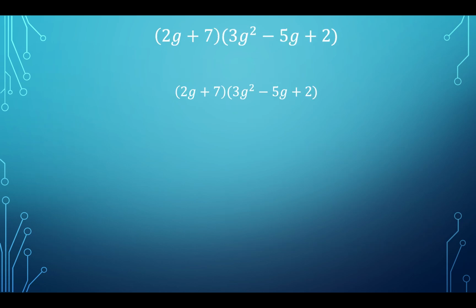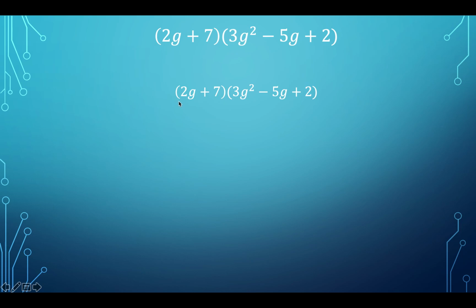But what happens now if we have the binomial in front and the trinomial after it? Can we still multiply them together? Yes. The only difference is, remember, multiplication is commutative. So if I really wanted the trinomial in front, all I would have to do is move all of this over onto this side. Same concept. I'm going to show you how we do that.